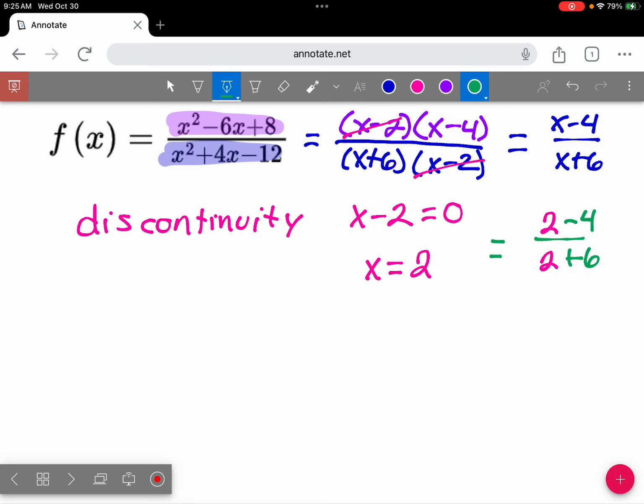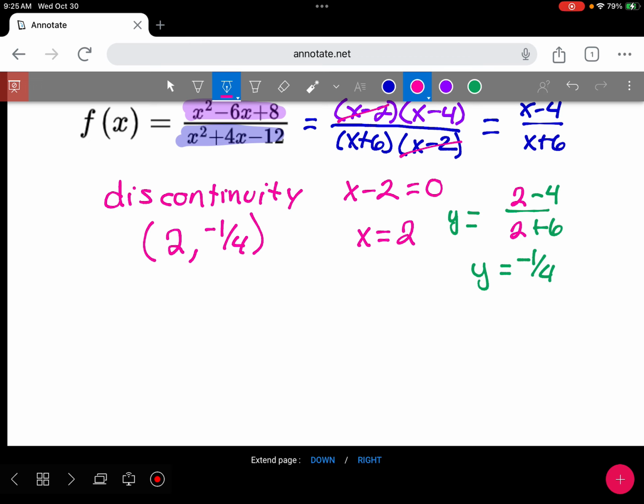So we get negative 2 over 8, which simplifies down to be negative 1/4. So our y value is negative 1/4. So our removable discontinuity happens at the point 2, negative 1/4.